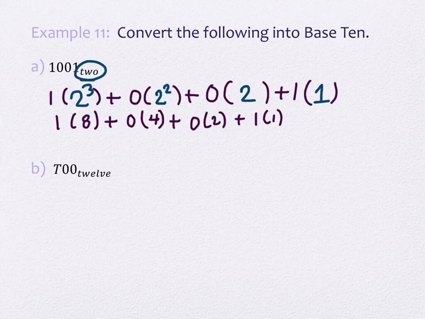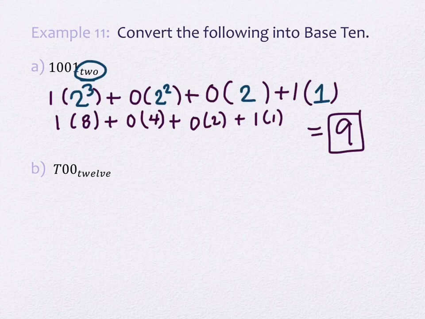If you jump from the question to what I'm about to write down as the answer, I'm going to assume that you might have looked at somebody else's paper or the back of the book, but the work between there shows me that you understand how the process works. So I want to see one of those 2 lines of work every time you do a problem like this, okay? Now, if I add these up, what do I get? 9. Very exciting 9, which is much smaller looking than the 4-digit number I started with, because there's only 1 digit.